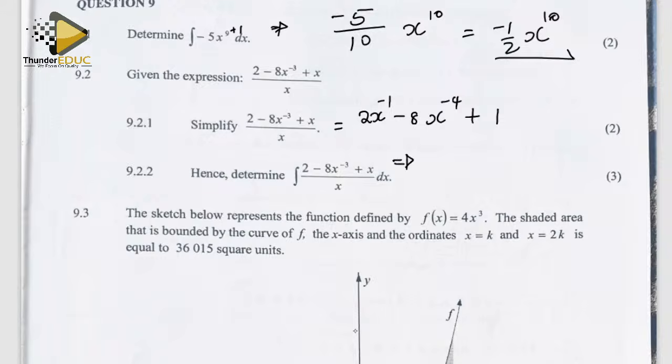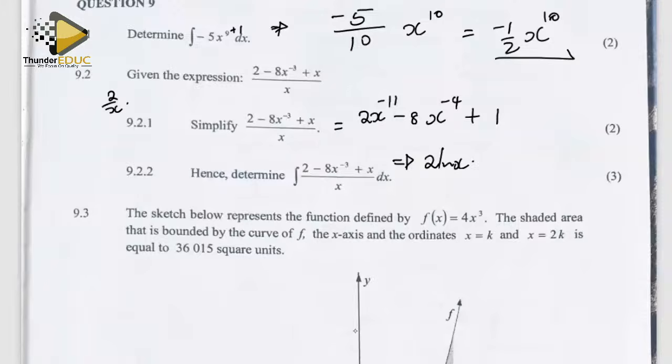Okay, so what are we going to have? So if I add 1 here, I'll end up with 0, so it's the same as 2 over x. So this 2 over x is just going to give me 2 ln x, okay?